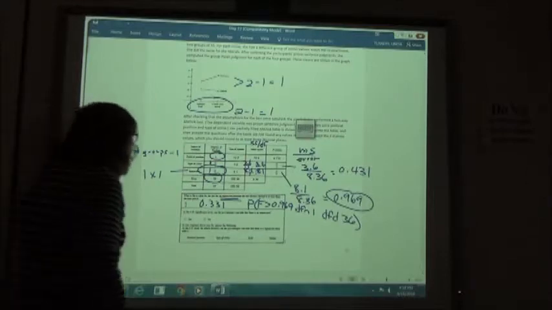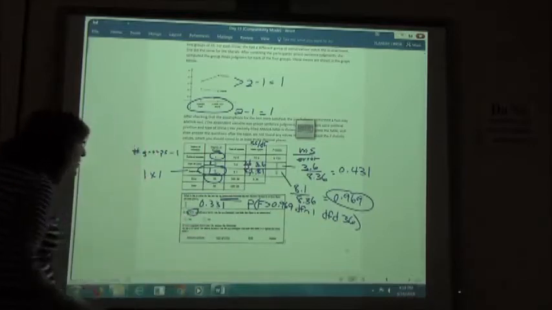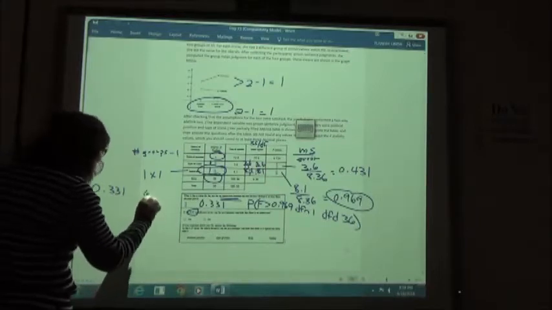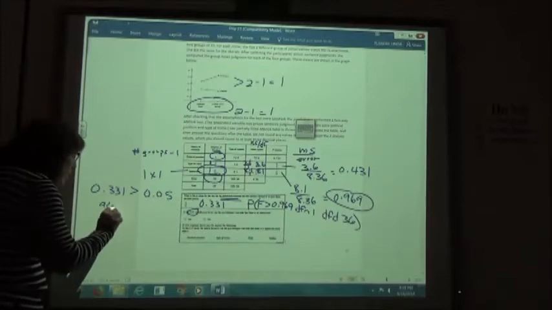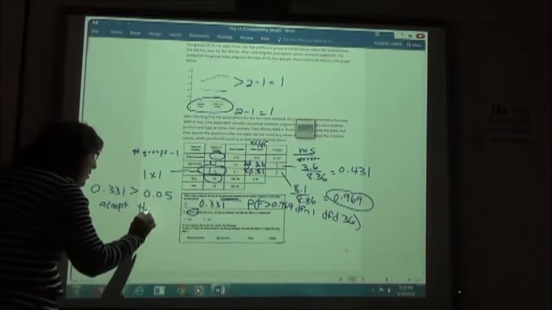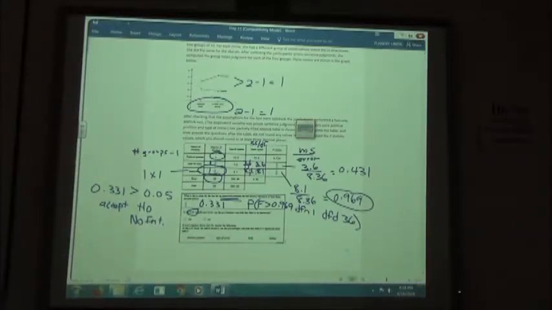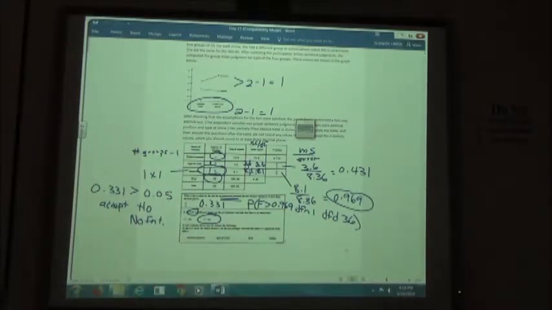Since we are doing our p-value, we are going to compare that to a 0.05 level of significance. 0.331 compared to 0.05. 0.331 is going to be greater than 0.05, so we are going to accept the null that there is no interaction or no difference. So, can we conclude that there is an interaction? No, we can't conclude there is an interaction.